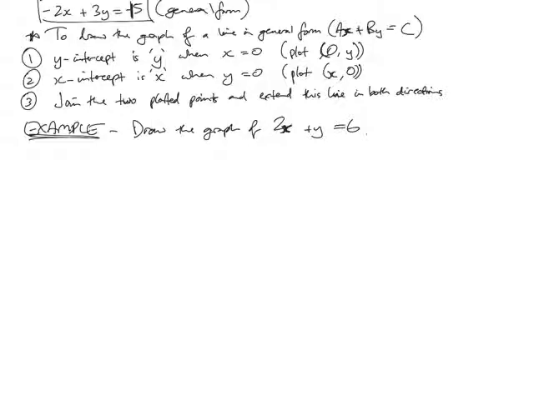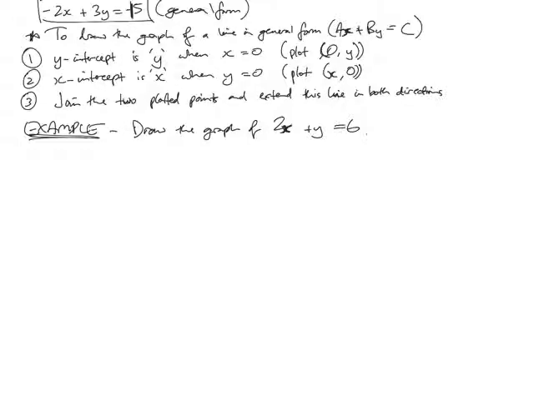The x-intercept is just the value of x when y is equal to 0, so you substitute y is equal to 0 and plot the point there where x and 0 is, and then join those two plotted points and extend the line in both directions like you did before. So basically you're going to get 2 points that are on both of the axes and you just need to join them. So I'll run through an example here.